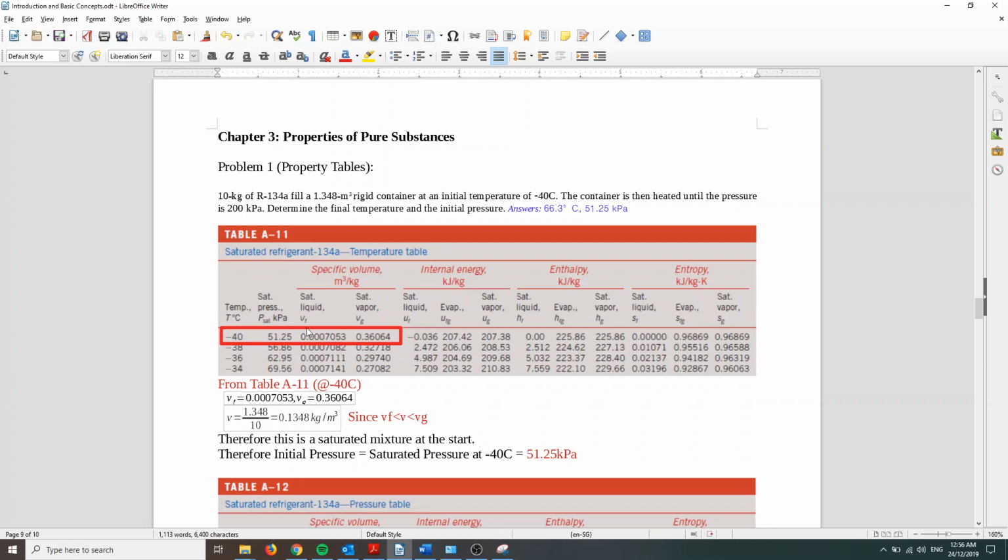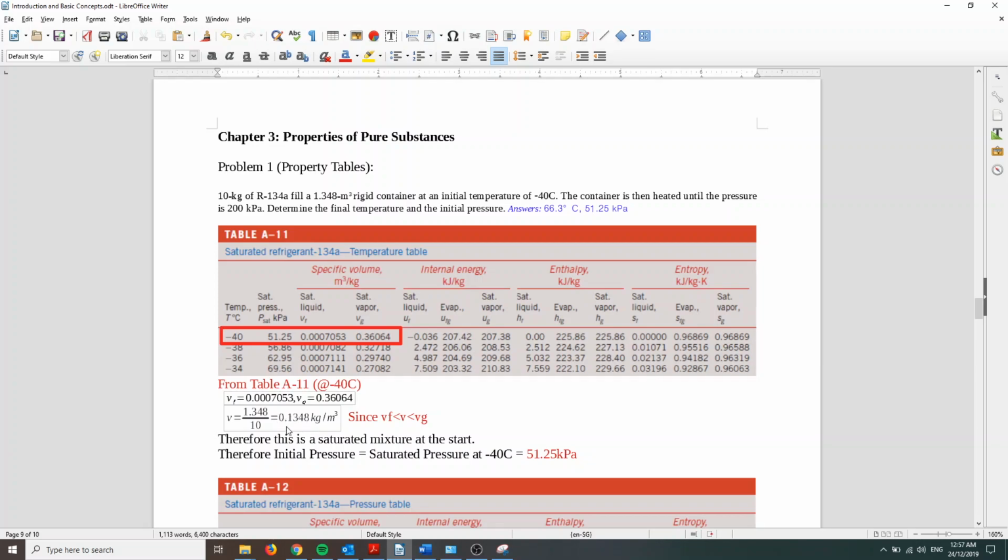The next thing is we check the saturated vapor values and the saturated liquid values, which we can write down over here. Since we know the volume and the mass, we can find the specific volume. Specific volume is basically just the volume divided by the mass, and I get 0.1348.